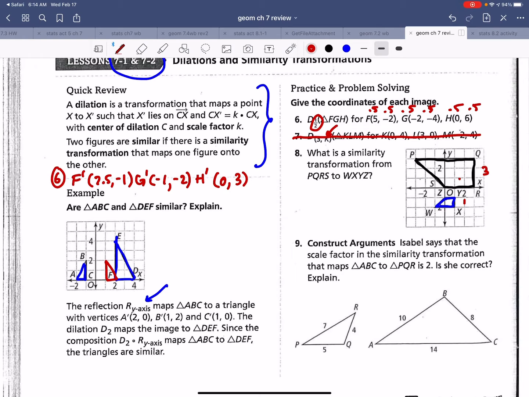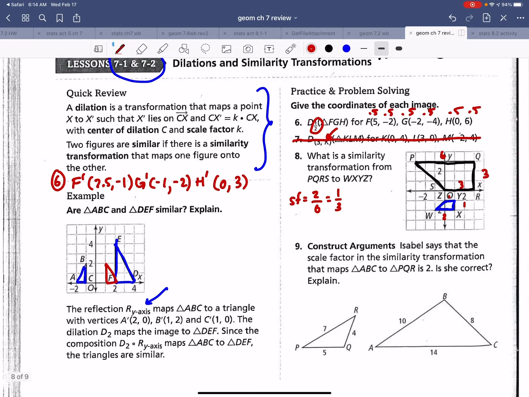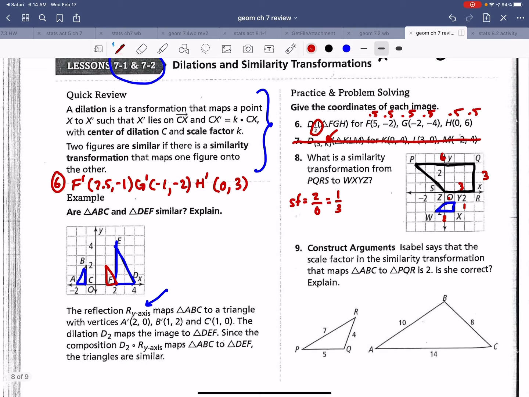It has a width here of 3, and now it has a width of 1. It has this width of 6 up here, and now it has a width of 2. So our scale factor, if the new one is 2 and the old one is 6, see how that's a ratio of 1/3. So it looks like we need to dilate it. I think we can do it about the origin, so let's dilate it by 1/3, right?